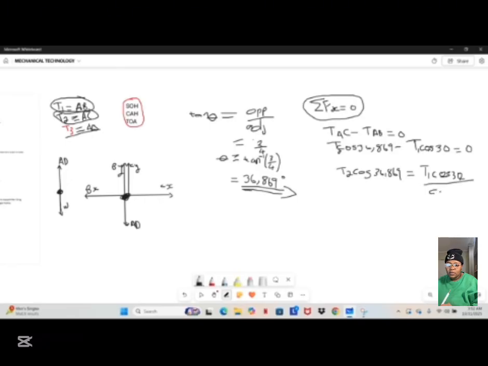This and this will cancel, so we're going to be left with T1 is equal to T2.